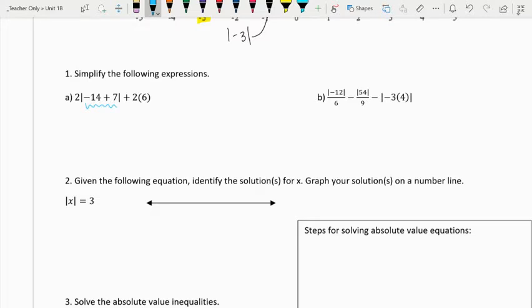Then we would have the absolute value of -7 here. If we use the absolute value rules, we pop out the negative and make it a positive, because the absolute value of -7 is 7. And then we have 6, which is 12. So we would have 14 plus 12, which ends up giving you 26.